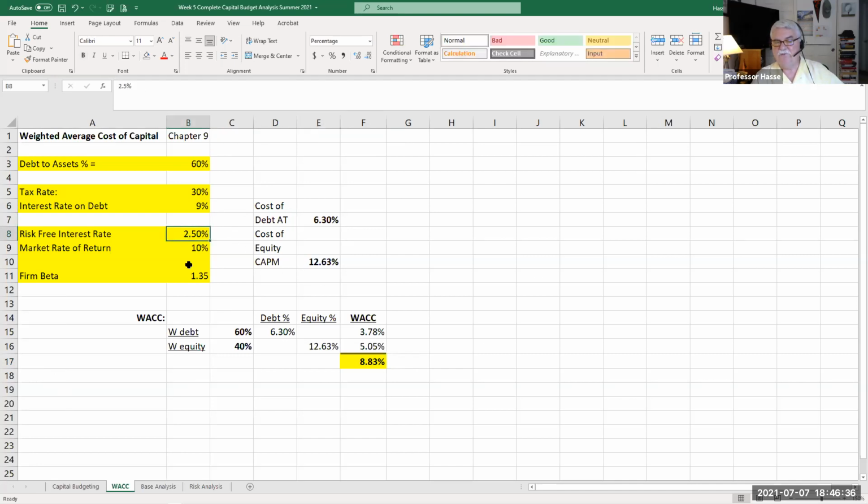The risk-free rate is 2.5%. Good God, what country is this in? The market return rate is 10%. There's the company's beta. Here's their capital asset pricing cost of equity, 12.63%. You weight that by the capital structure of 60/40, you get a cost of capital today of 8.83%.